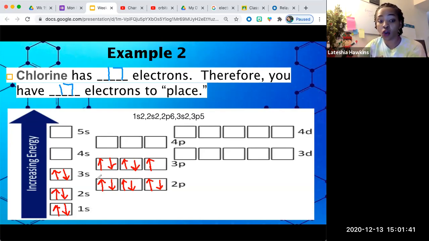Just to double check that my orbital diagram matches the configuration I wrote here, I add up my exponents: 2, 4, 10, 12, 17.